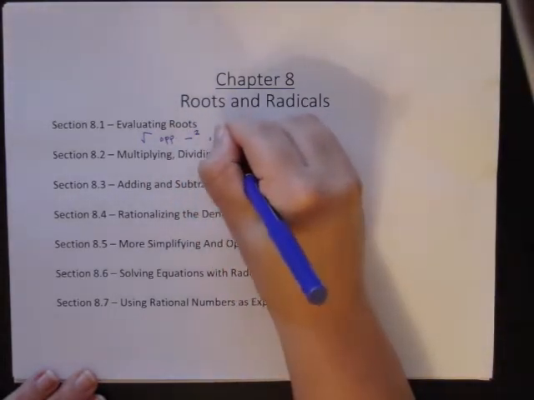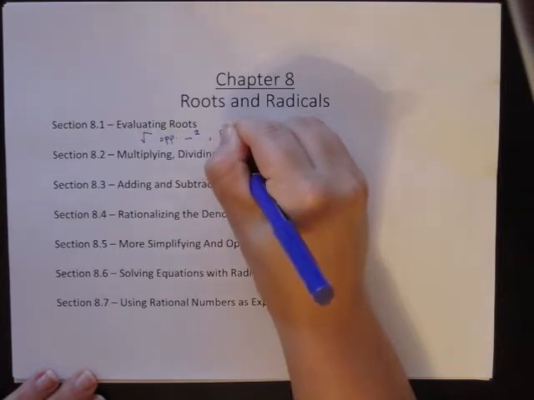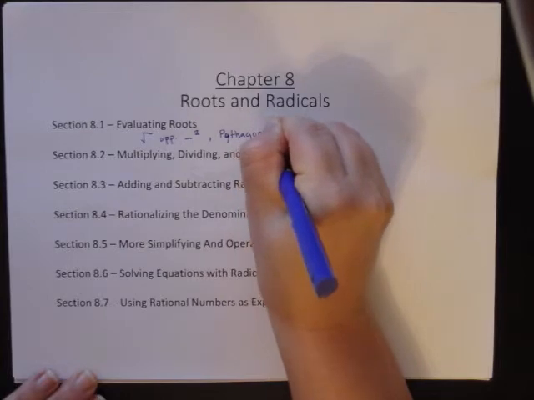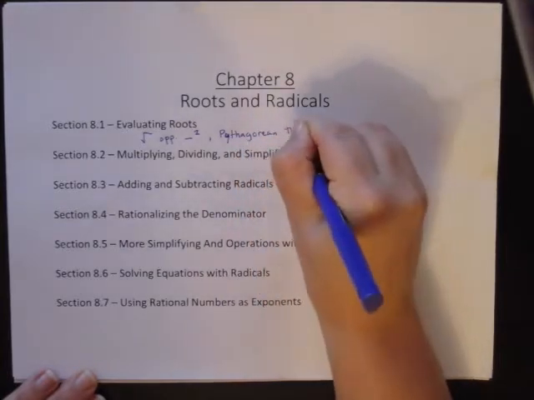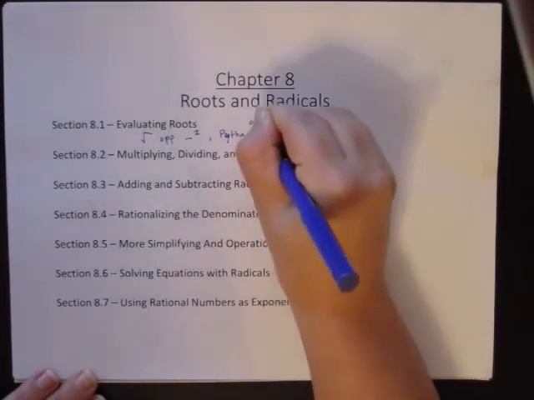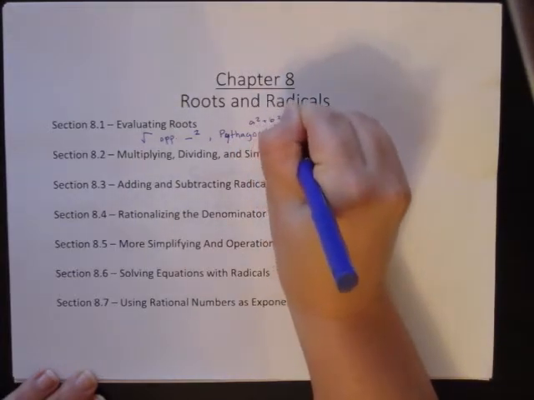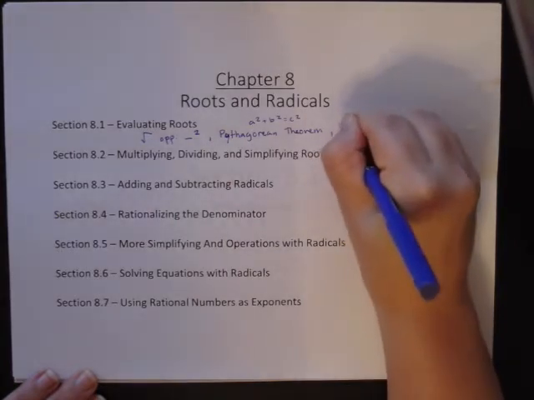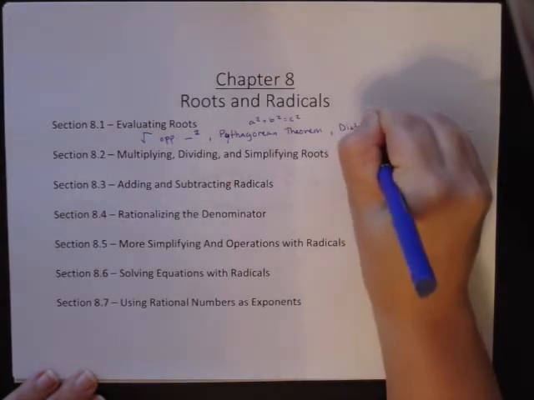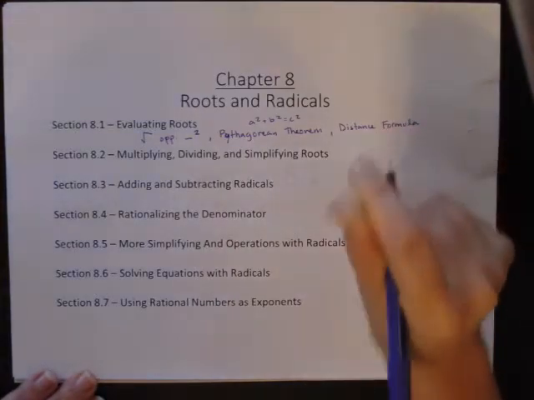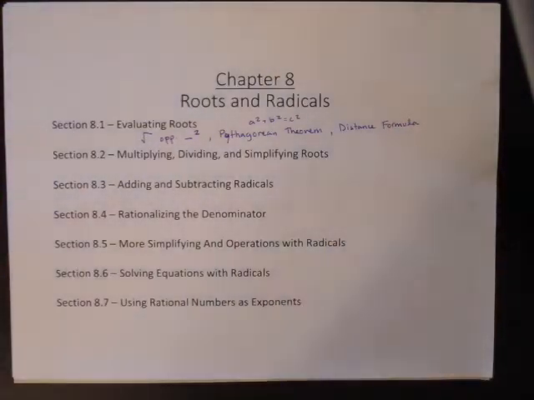Then we're going to look at the Pythagorean theorem, which is a squared plus b squared equals c squared. And then the last thing that we're going to look at is the distance formula. Okay, and I will show you what that is in just a few moments.